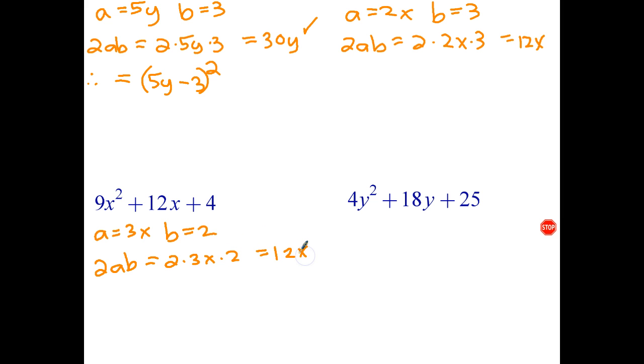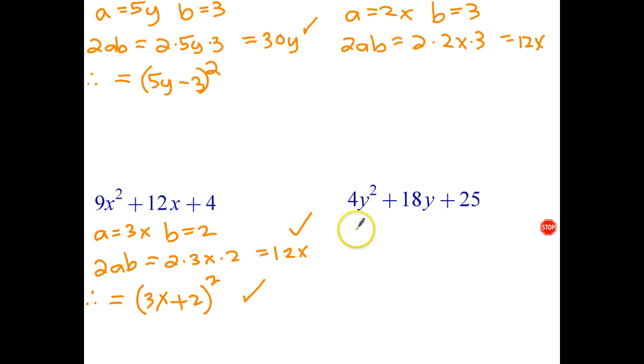So it has to fit the pattern of 12x, has to equal 12x, which it does. So therefore, this is a perfect square, and that just equals a, which is 3x, plus b, which is 2, all squared. And once again, you can check that by expanding that out to see if you get back to that. Okay, how'd you go on the next one?